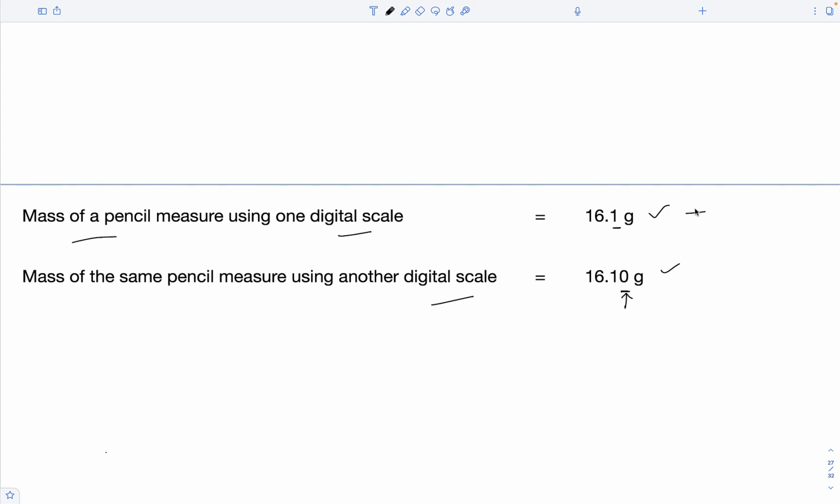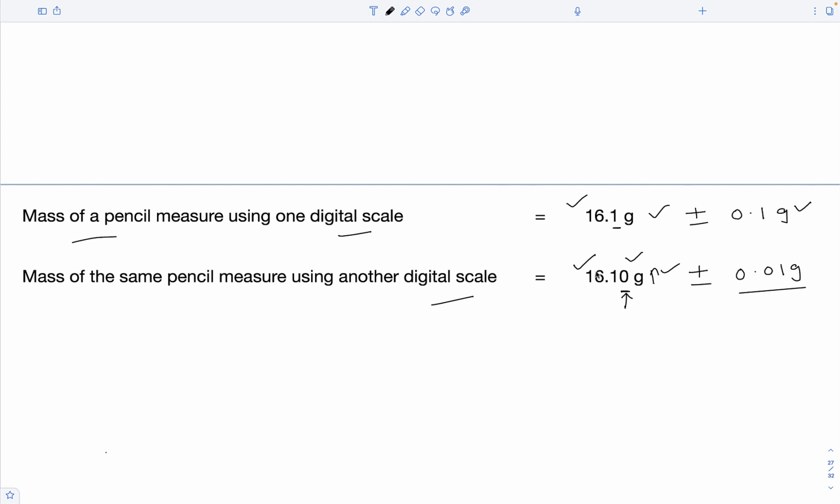And in this measurement, the implied uncertainty is plus or minus 0.1 grams. And in this measurement, it is plus or minus 0.01 grams. Obviously, the amount of uncertainty is less in this measurement than in this measurement. So, this measurement is more precise than this measurement.